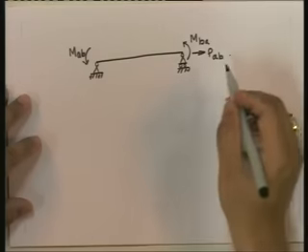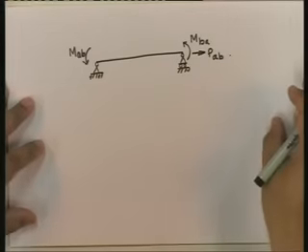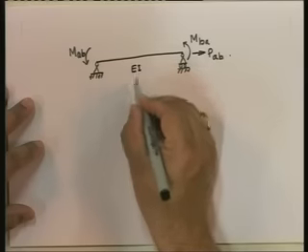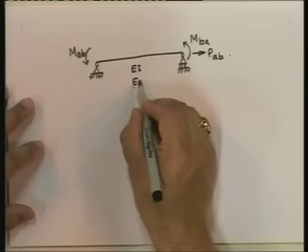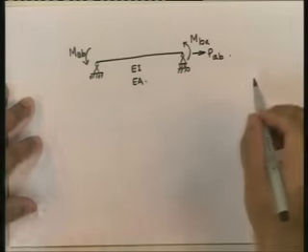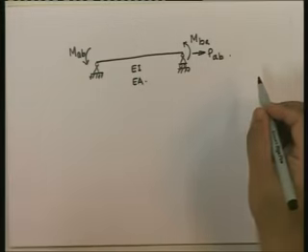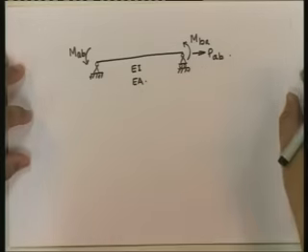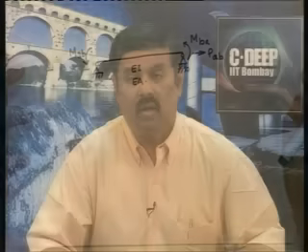Okay, so this is a situation where the flexural rigidity is EI and the axial rigidity is EA. Now this is a situation where we are considering both axial deformations as well as flexural deformations in a member.